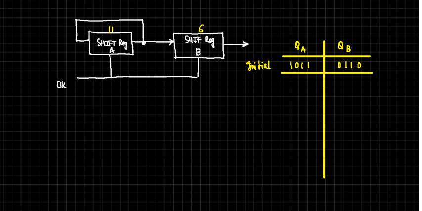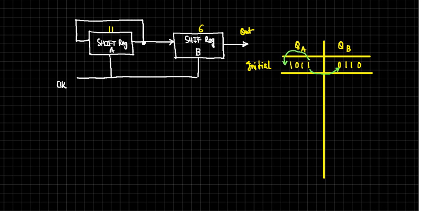So as soon as the clock arrives, what happens? You tell me. This is copied here and also here, right? I mean that is also an input to the first one, right? So what happens? And this is the output, so that is gone. This is the output.